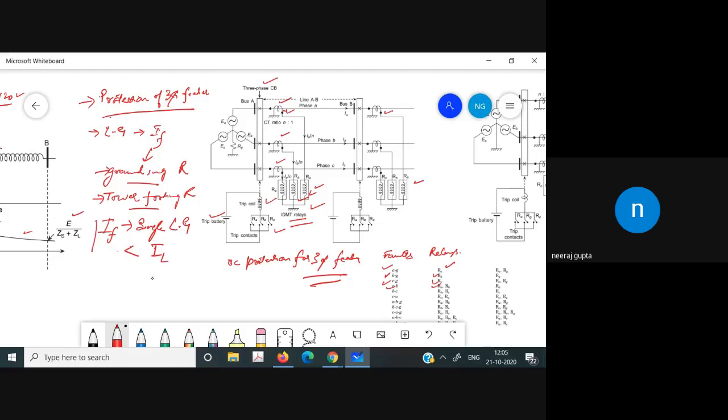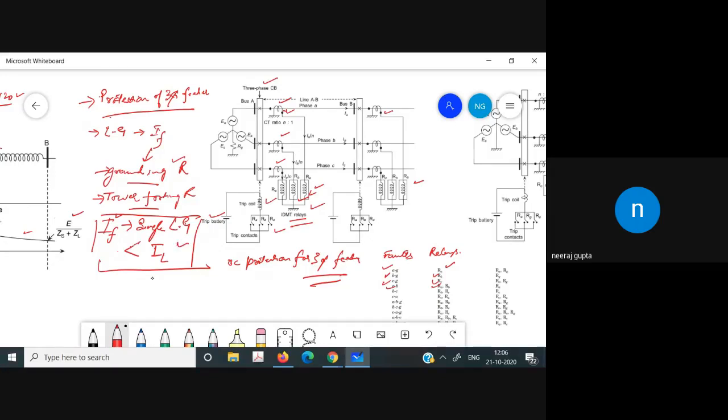So this situation might arise. This depends upon the tower footing resistance and whatever grounding we have used.